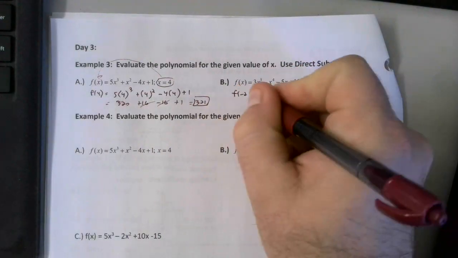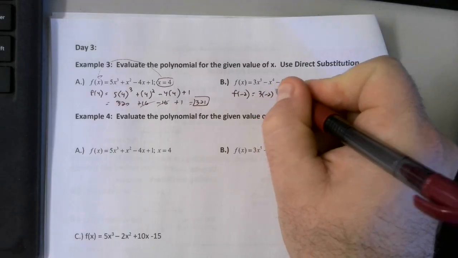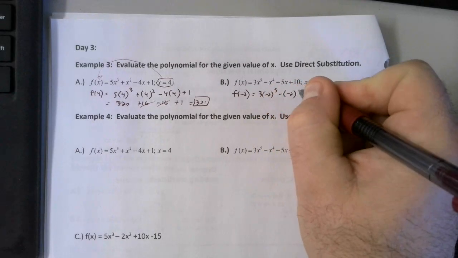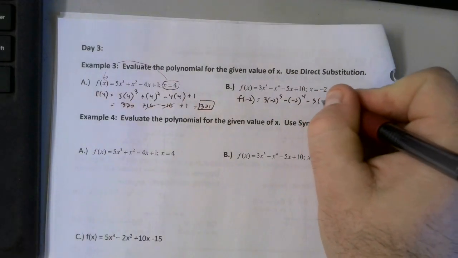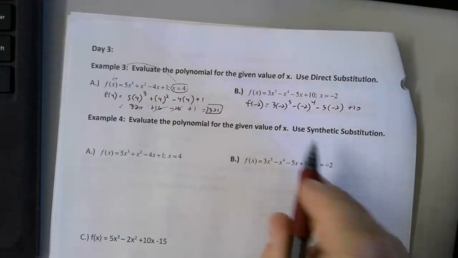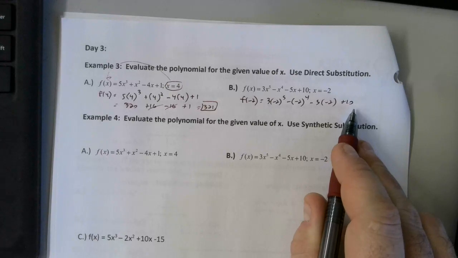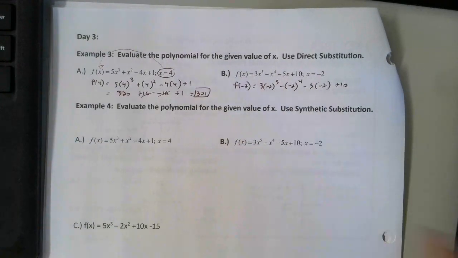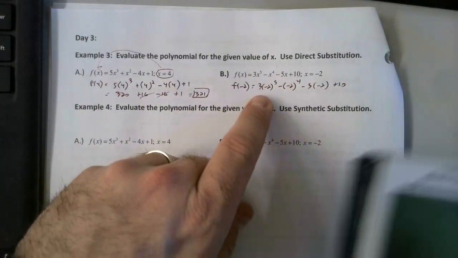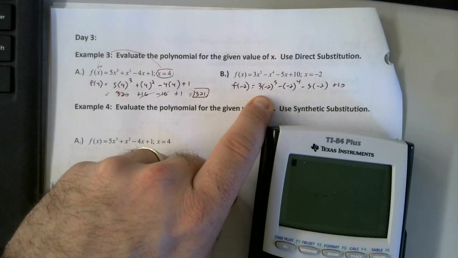So let's do another example. Notice the -2 goes in for the x in the parentheses, and then we can evaluate its output. So I like to use PEMDAS just to practice some of those mental math skills, right? So when I look at this, I say, okay, I got -2 to the fifth first. You got to do that in parentheses.